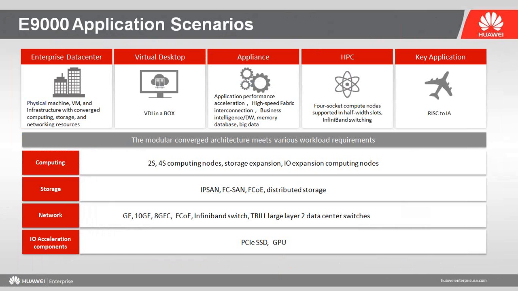And all of this is supported by, as I mentioned, the density of compute, the storage, the network options, all in a non-blocking TRILL large layer 2 data center switching capability, InfiniBand, FCoE, whatever type of switching you need. Again, with application support with PCIe, SSD, and GPUs, and we'll talk a little bit more about that as we go along.